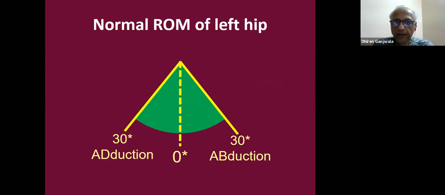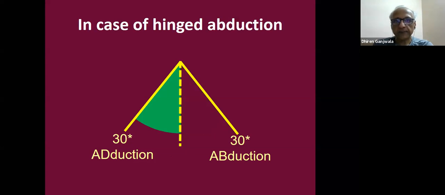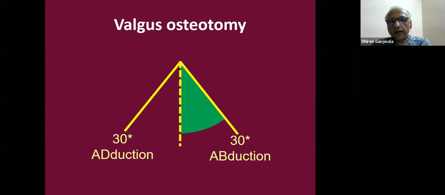So this is a normal range, 30-degree adduction to neutral to 30-degree abduction. Now, in the case of hinge abduction, next slide, please. Yeah, this is the situation. From 30-degree adduction, it's up to neutral. Beyond that, abduction is not possible. So now when we carry out a valgus osteotomy, this range is shifted from 0 to 30 degrees. So now the patient has a better functional range.